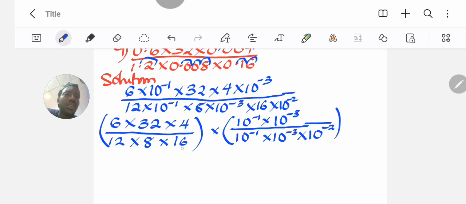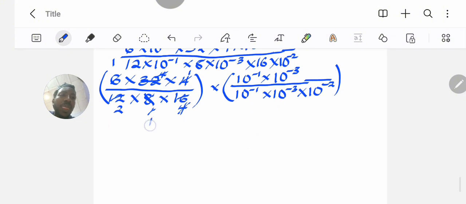All right, so from here, let's see, 4 here, 4 in 16 is 4, 8 here, 8 in 32 is 4, 4 cancel 4. We are left with 6 over 12, 6 in 12 is 2. So we are left with 1 over 2.